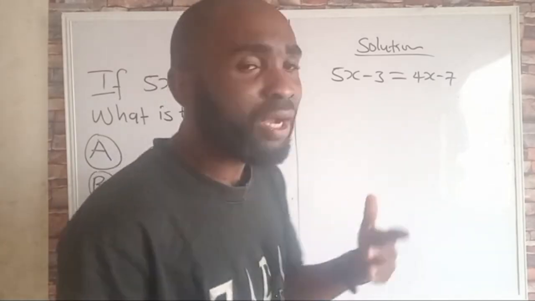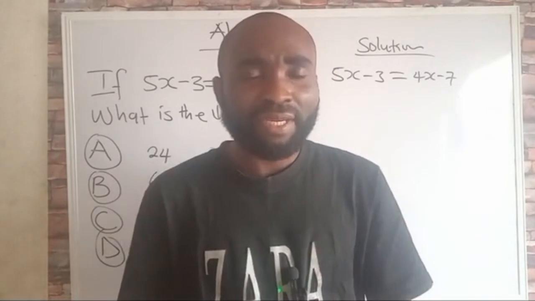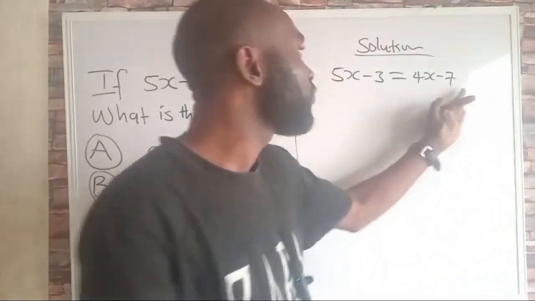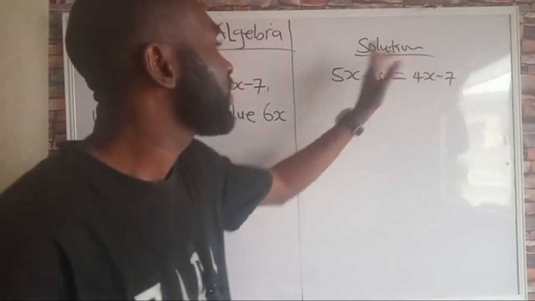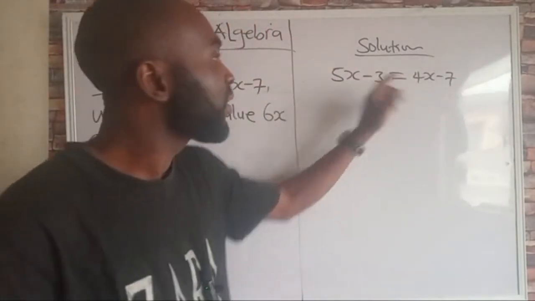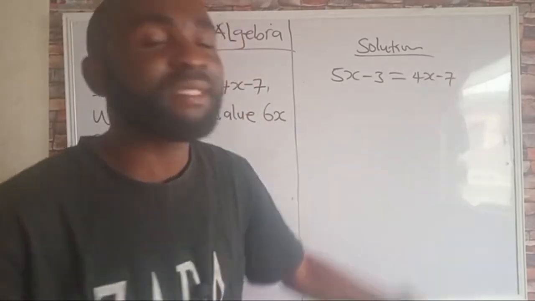Okay, so let me put it in a mathematical way now. 7 has a minus sign. So if you want to take 7 to the other side of the equation, this minus sign will change to plus. But if it was plus, it will change to minus.